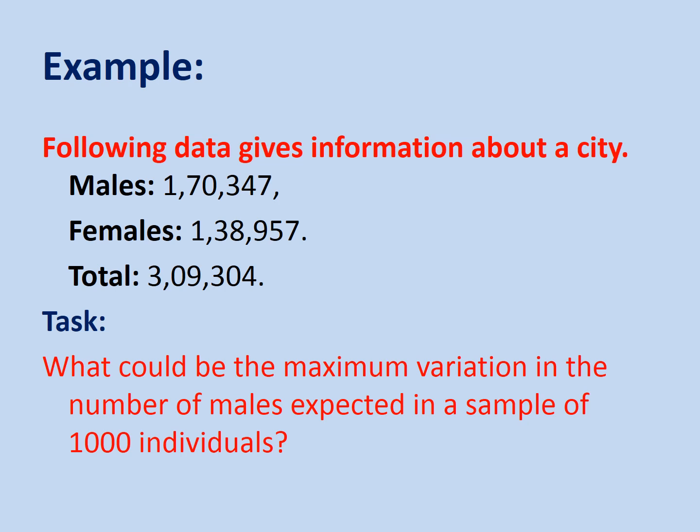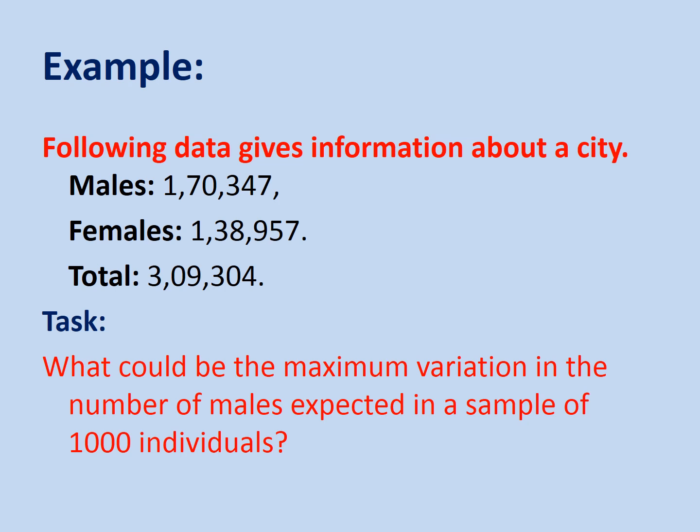Now the question that can be asked in your exam by giving this data, or your task, is what could be the maximum variation in the number of males expected in a sample of 1000 individuals.